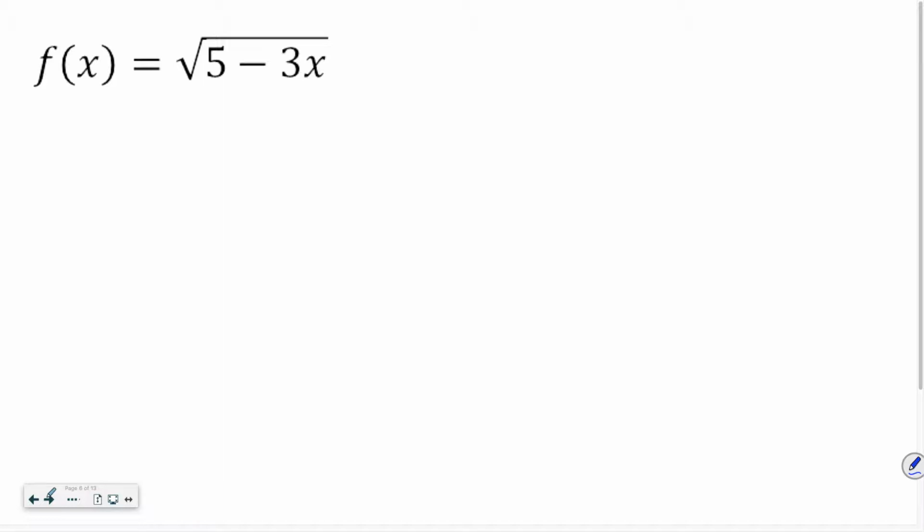However, we can rewrite this as 5 minus 3x to the 1/2 so that when we apply the chain rule, we can do so using the power rule. So inside function 5 minus 3x, outside function we're being raised to the 1/2 power. You see that?